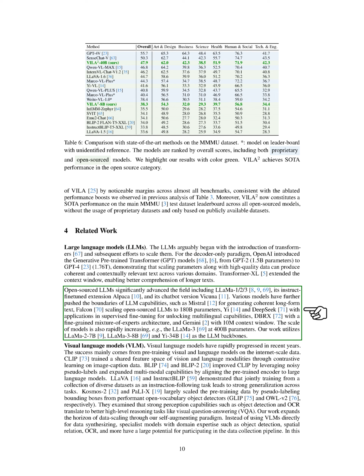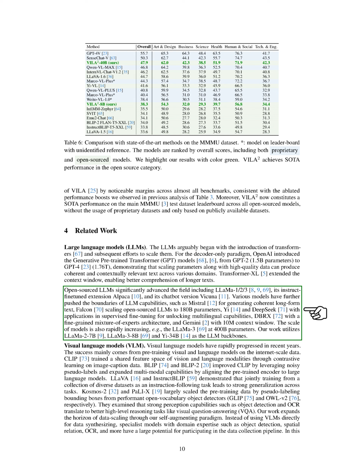Open-source LLMs have significantly advanced the field, including Llama 1, Llama 2, Llama 3, its instruction fine-tuned version Alpaca, and its chatbot version Vicuña. Other models have further pushed the limits of LLM capabilities, such as Mistral for generating coherent long-form text, Falcon scaling open-source LLMs to 180 billion parameters, Yi and DeepSeek for supervised fine-tuning to unlock multilingual capabilities, DBRX with a fine-grained mixture of experts architecture, and Gemini with a 10 million context window.